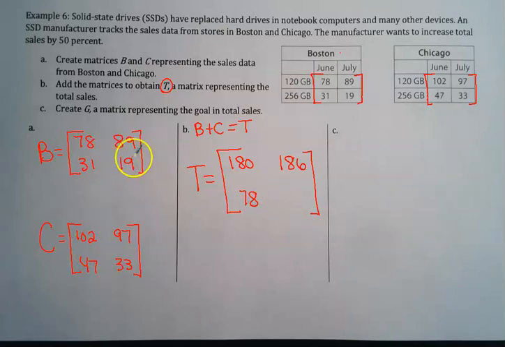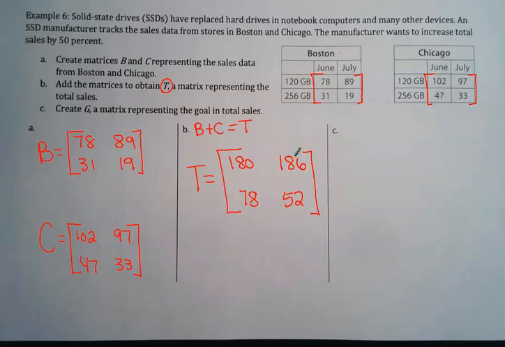And the last element, 19 plus 33 is going to give me 52. So there we have matrix T, the total matrix for all their sales. So they sold 180 120 gigabyte SSDs in June. They sold 186 120 gigabyte SSDs in July in both Boston and Chicago.